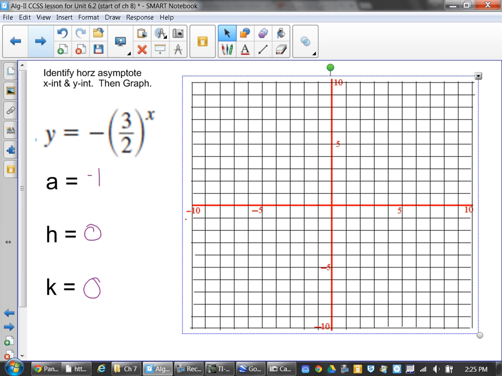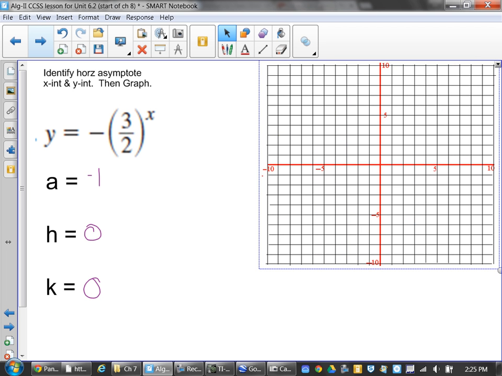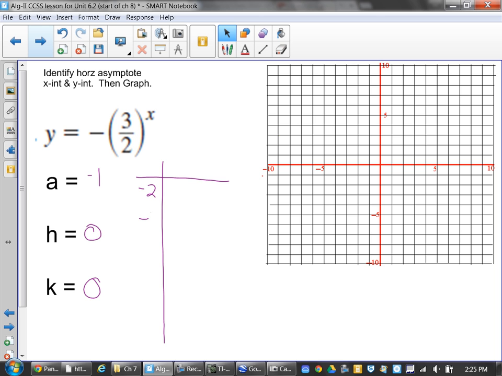Now, as you go into this, let's move this over so we can do some ordered pairs here. Again, -2, -1, 0, 1, and 2. Use those 5 values because it's so easy to work with. Now, as I'm thinking this in my head, I'm going to write it as -1 times the parentheses.